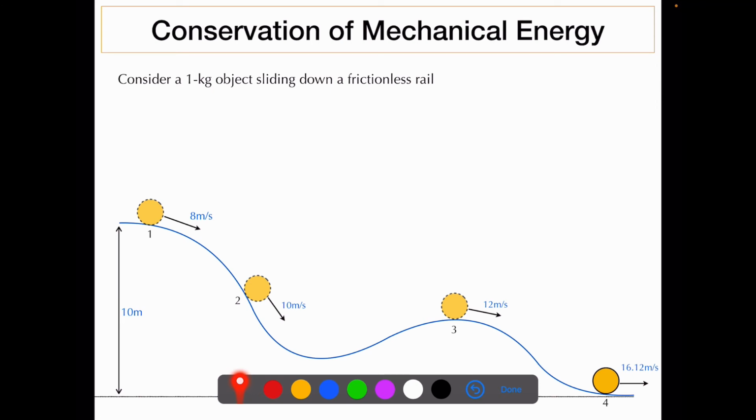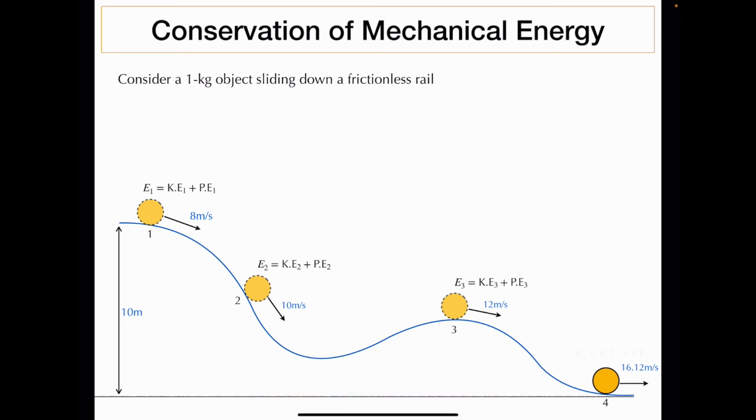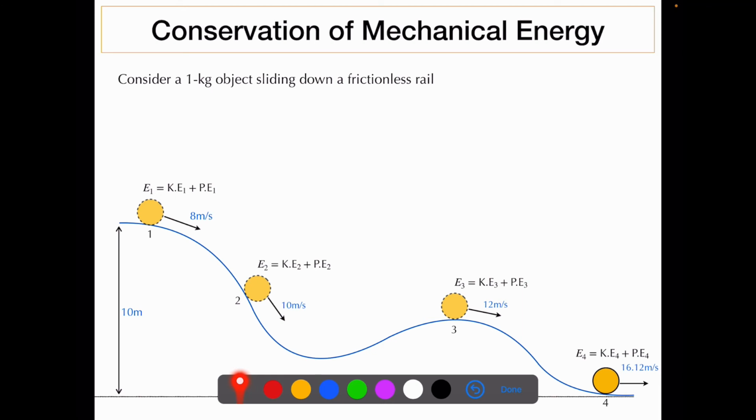So during this whole process at 1, 2, 3 and 4 point, the total energies can be represented like this. E1 is equal to the total mechanical energy. E1 will be equal to kinetic energy plus potential energy at position 1.